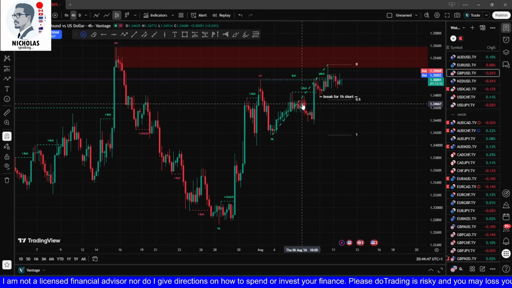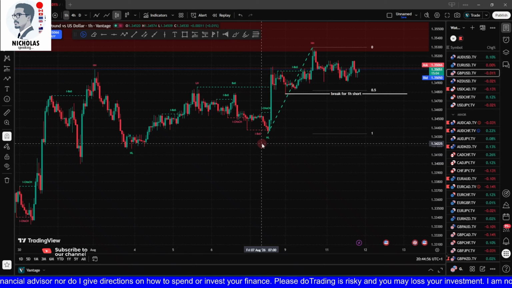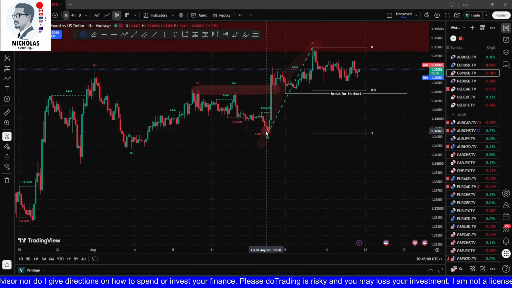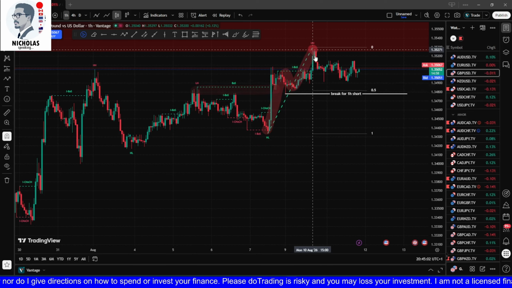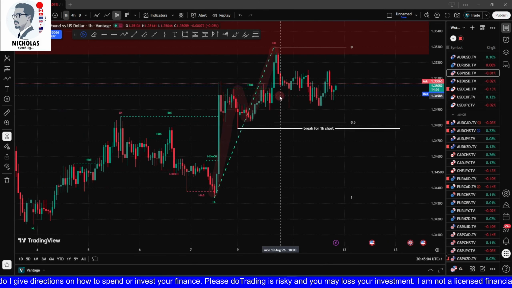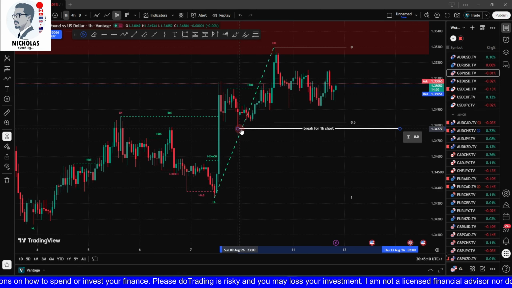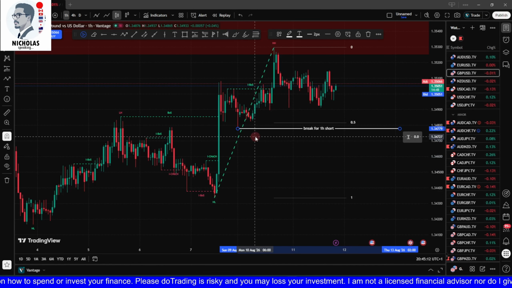And then on the 1 hour, what do we have? The most recent structure is this move upwards. We have the break of structure here, the push up, and the pullback and continuation. Well, what would make us actually join in the selling of this market? For me personally, I would like to see a break below this 1.3477 level.